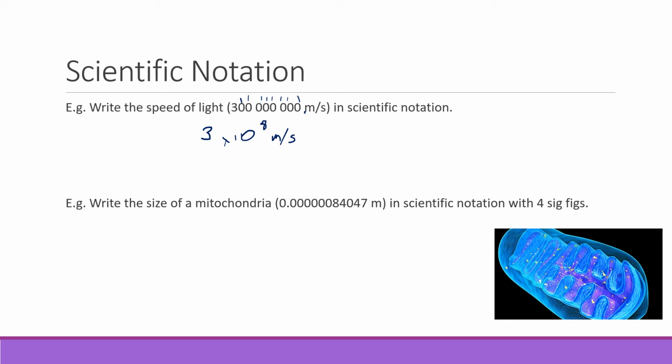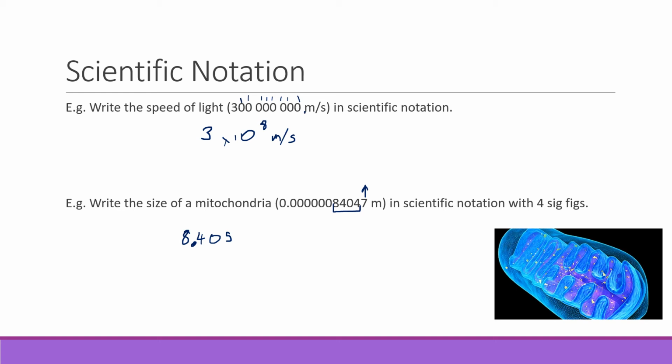All right, now if we're going the other way, like the size of mitochondria, we want to express this in scientific notation to 4 sig figs. So first of all, let's do our mantissa. We have 4 sig figs here, 8404. That's 7 though, we'll make it round up to 8405. The mantissa.